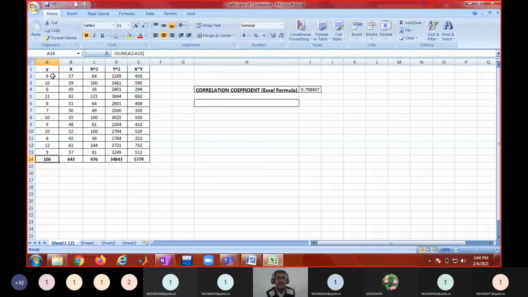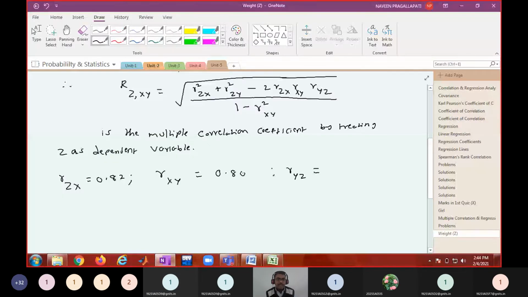Okay. So what is the correlation coefficient? 0.80. When you round to 2 decimals, it is 0.80. Okay, RYZ. I will take one more copy.